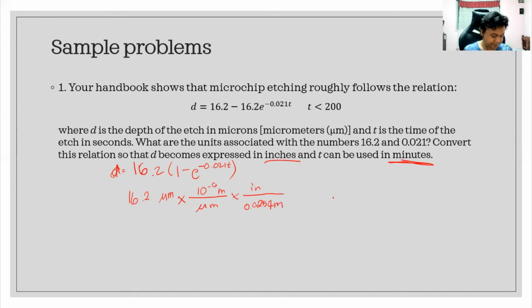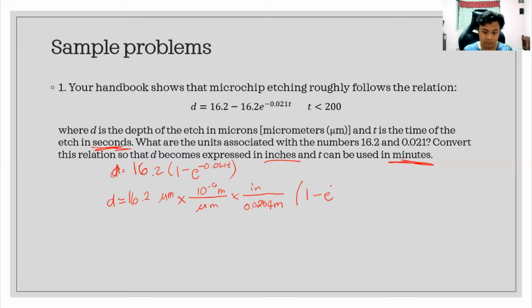And then for t, you must also convert it from seconds into minutes, so we will multiply it by 60.